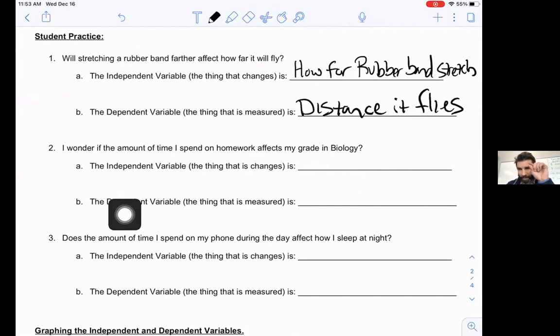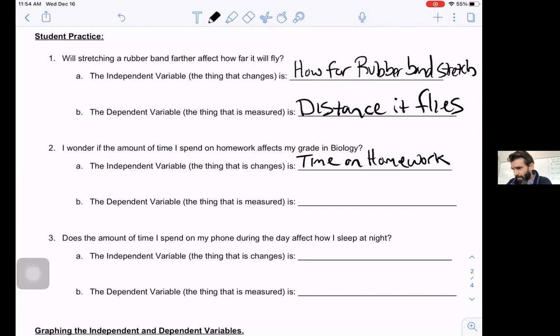So the first part of that states the independent variable. Does the amount of homework, that's the independent, affect my grade? So whatever's affected is the thing that we're going to measure. So the independent variable here is time on homework.